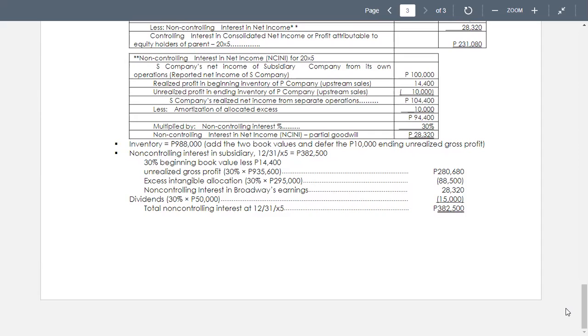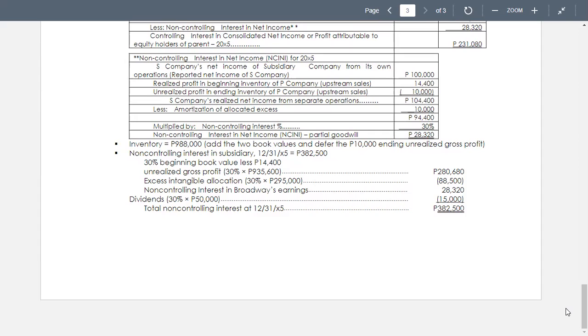Then, number 3, how much is the cost of goods sold? Cost of goods sold is, if we add 400,000 and 300,000, that's a total of 700,000. And then we have the intercompany transfer of 120,000.